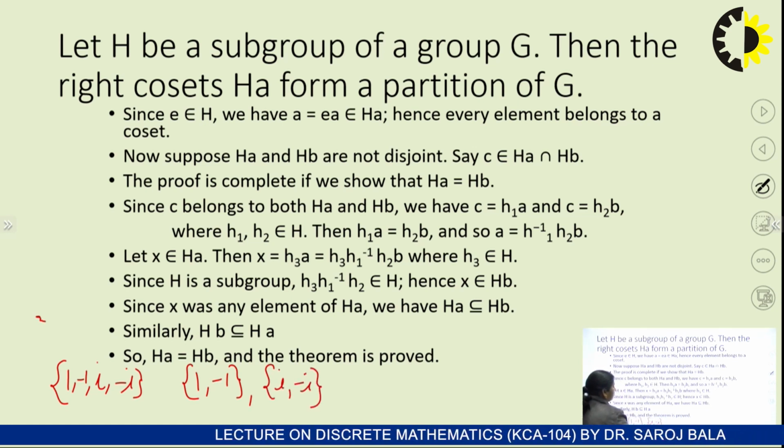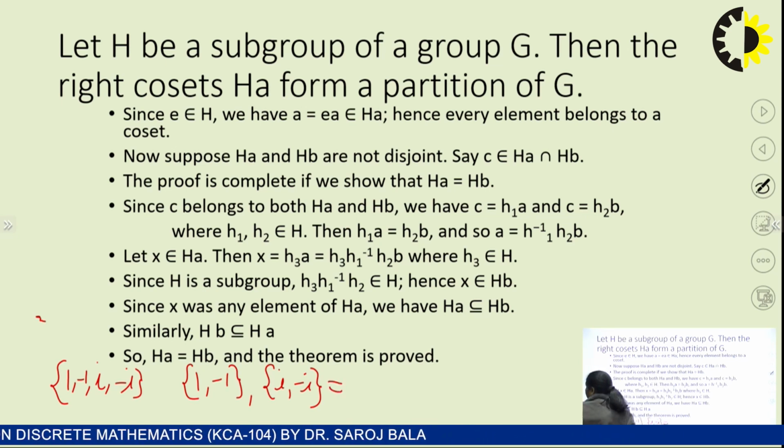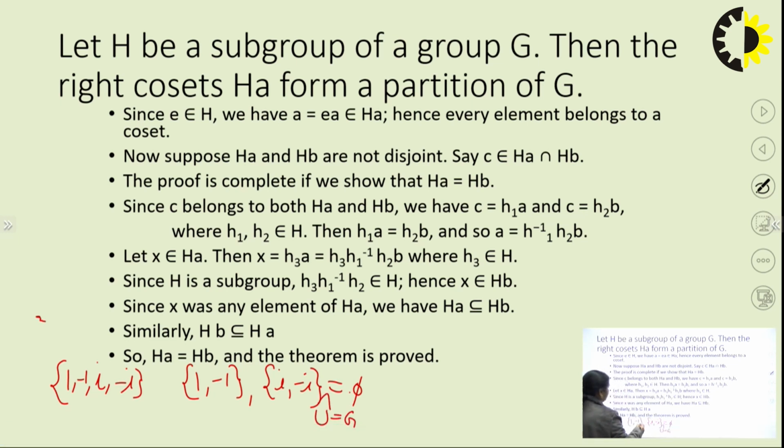So we can see that if I take the intersection of these two, it will be phi. When I take the union of these two, it will be G. So the intersection will be phi and the union will be G. It means these are forming partitions. So it is a very important concept that if H is a subgroup of G, then the right cosets HA form a partition of G.